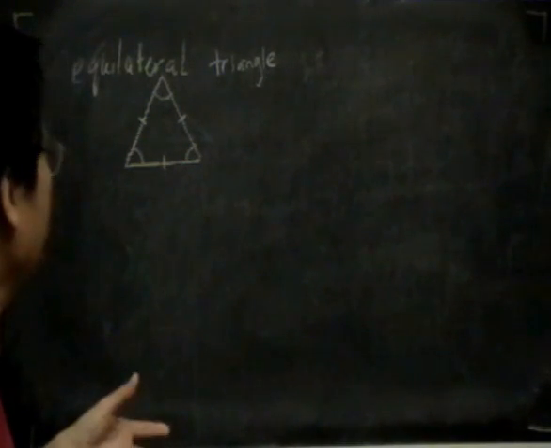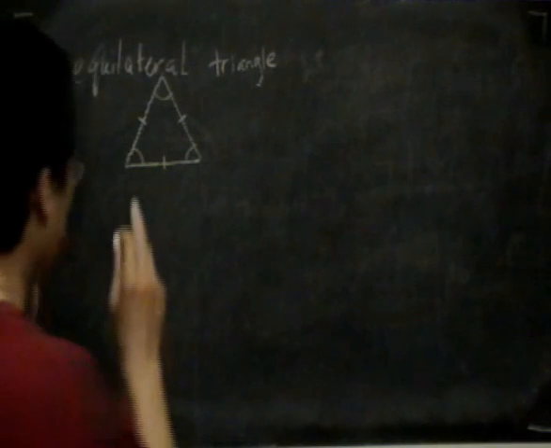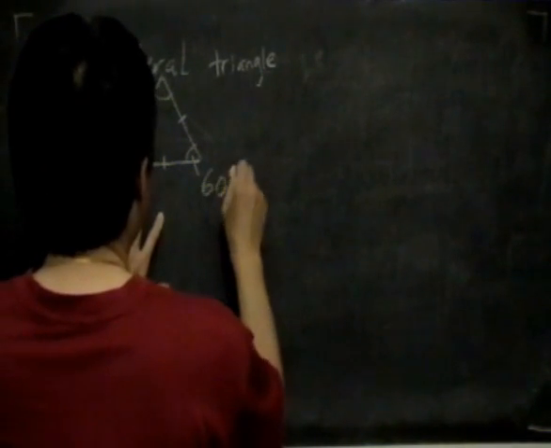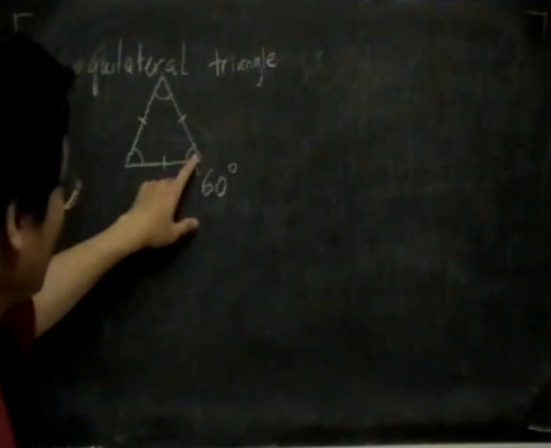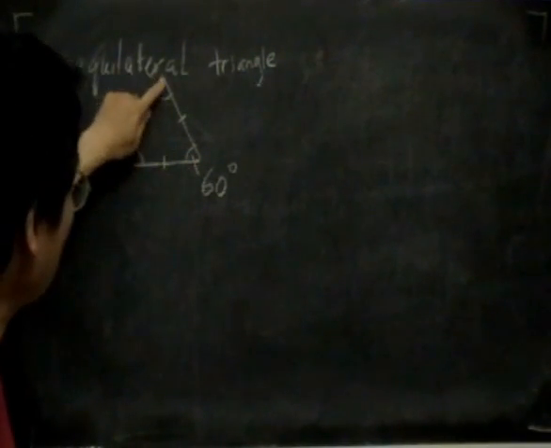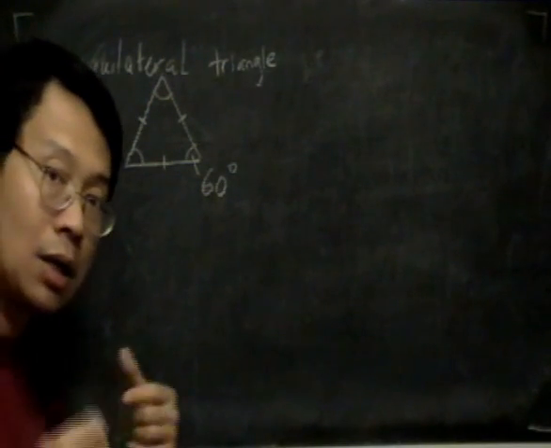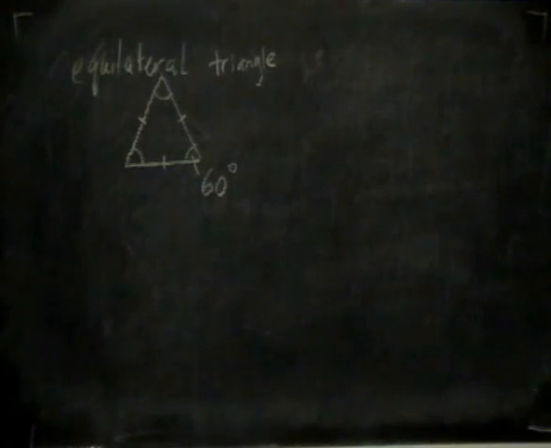So therefore, they're all equal. But also, each angle is exactly 60 degrees. So that one is 60 degrees, that one is 60 degrees, and that one is also 60 degrees. So I'll explain more about why later on.